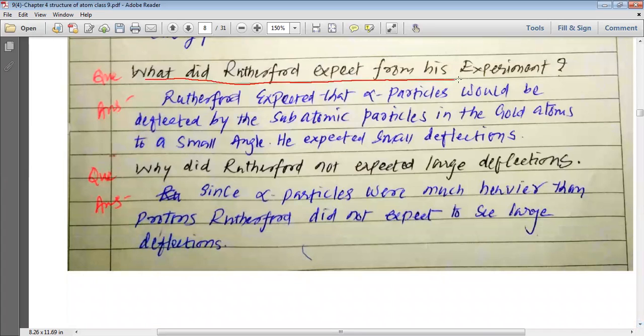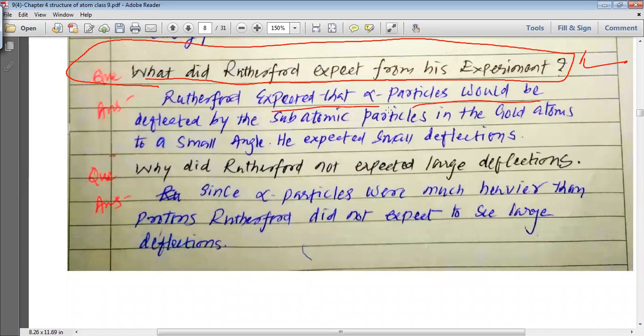What did Rutherford expect from his experiment? Now, Rutherford did an experiment of firing fast moving alpha particles on gold foil. What was Rutherford's expectation? What did he think would happen? Rutherford expected that alpha particles would be deflected by subatomic particles in the gold atoms to a small angle. He expected small deflections.